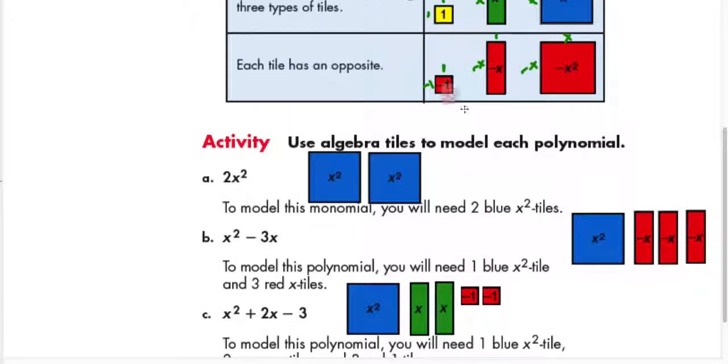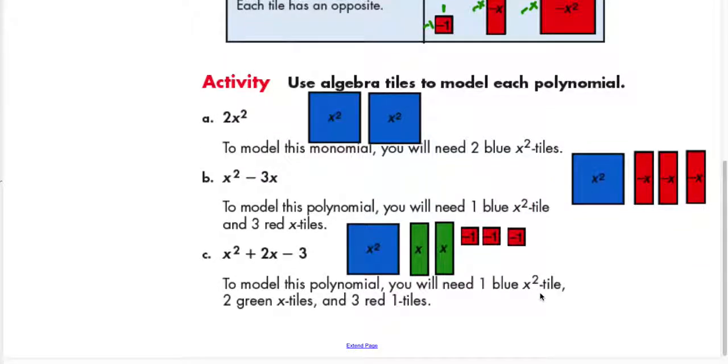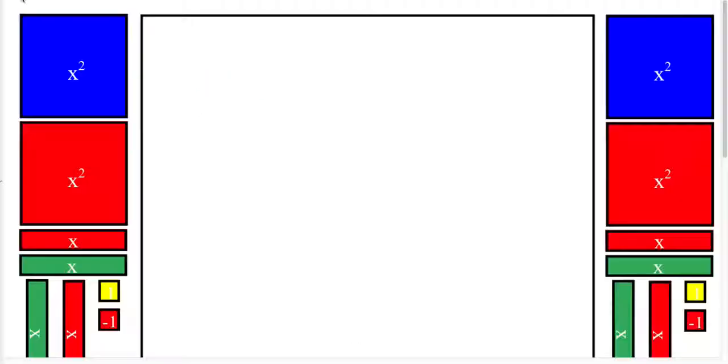So this is the model of x squared plus 2x minus 3. Basically this is like an algebra math where you can do all of that.